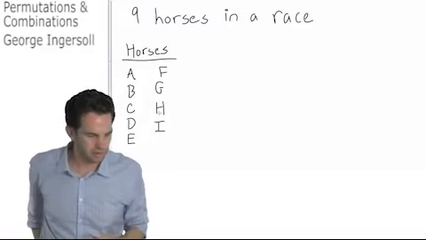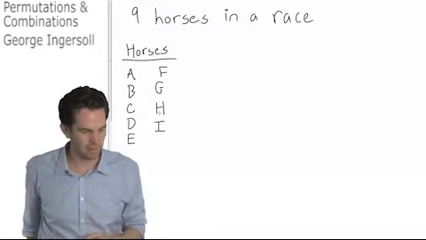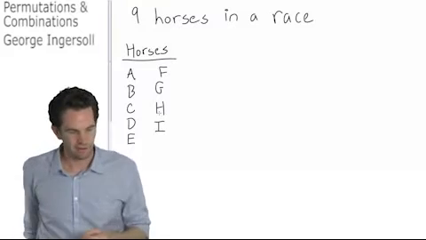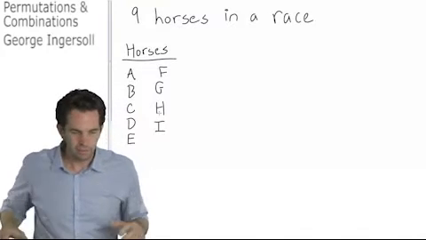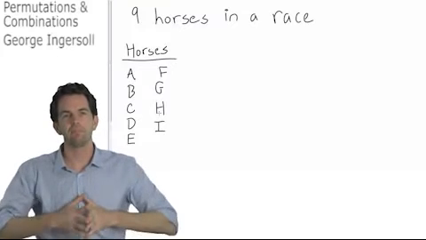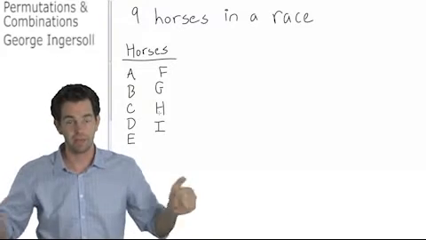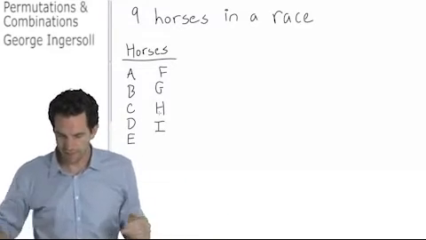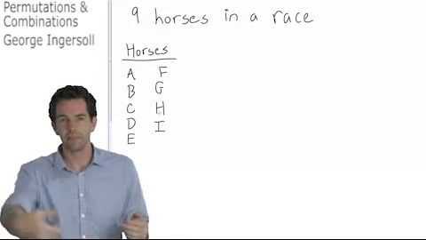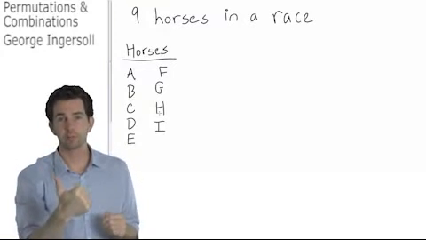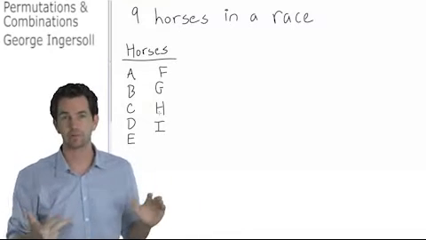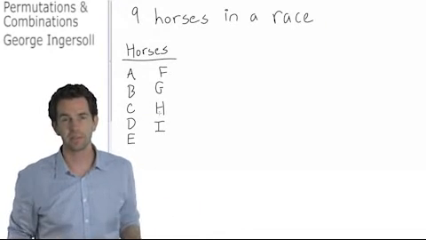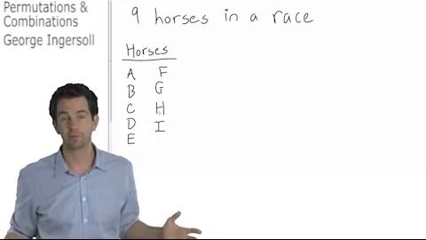Racehorses usually have really creative names, but I've named them A, B, C, D, E, F, G, H, and I. So not tremendously creative. Let's say I go up to the counter and I place a trifecta bet. A trifecta bet says, out of those 9 horses, I have to pick the first place finisher, the second place finisher, and the third place finisher correctly in order to win my bet. You can imagine that kind of bet pays off hugely if you're correct.